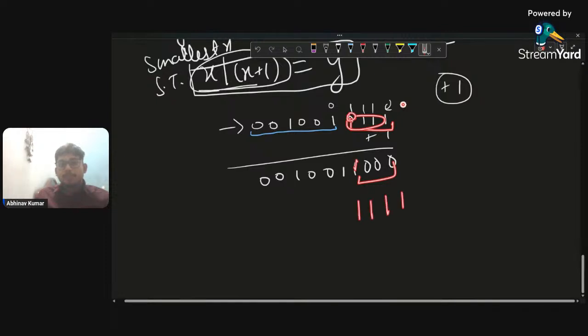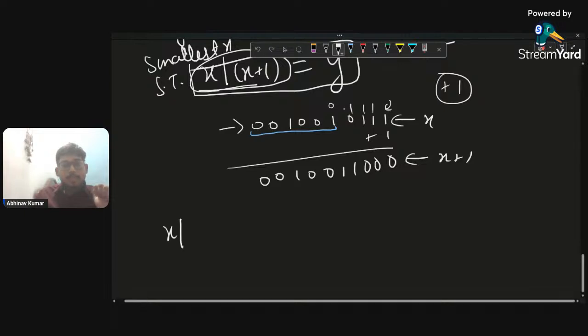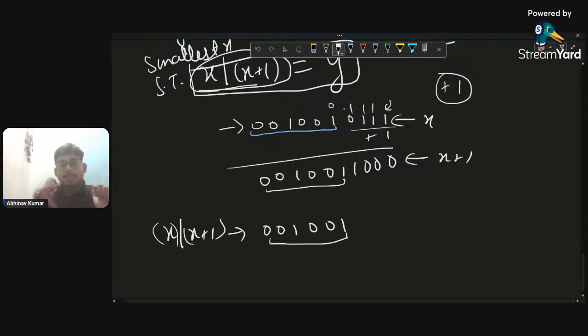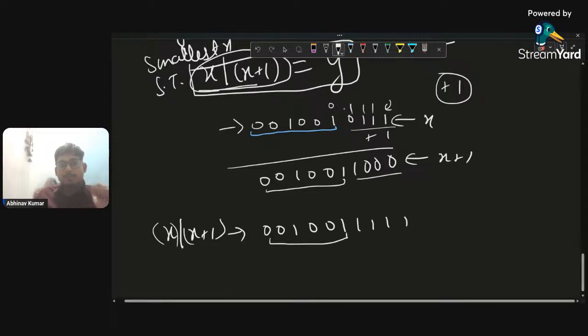So for all these bits we would have all 1s. So x OR (x + 1) was 0 0 1 0 0 1, this whole part remained the same, and after that all these bits would become 1 1 1 1 1.